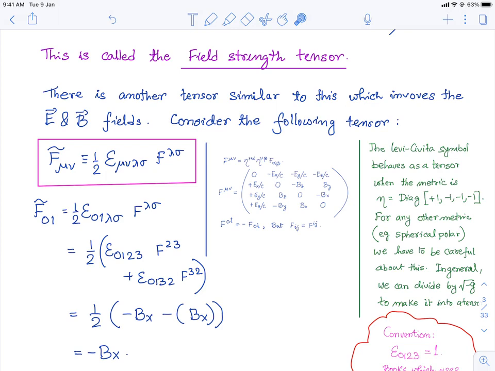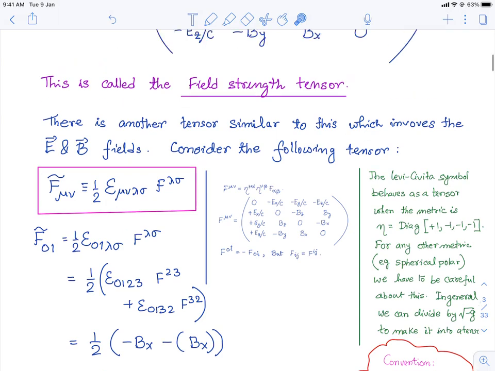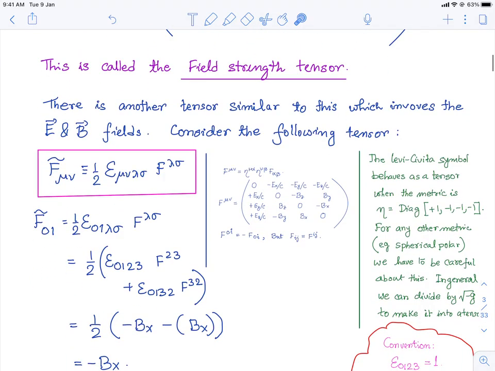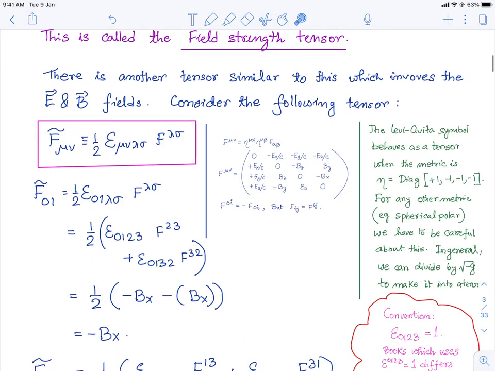So this F tilde is very similar to the field strength tensor, but as we can see, it is going to be an object where the electric and magnetic fields get switched with some signs. As far as Lorentz transformation properties are concerned, it has the same property, but it behaves slightly differently under certain discrete operations, like if you reverse the time, if you go from t to minus t.